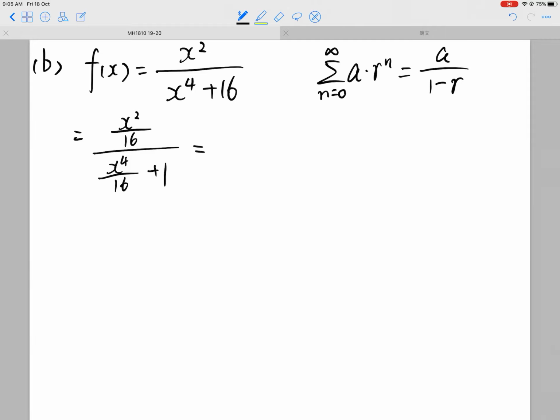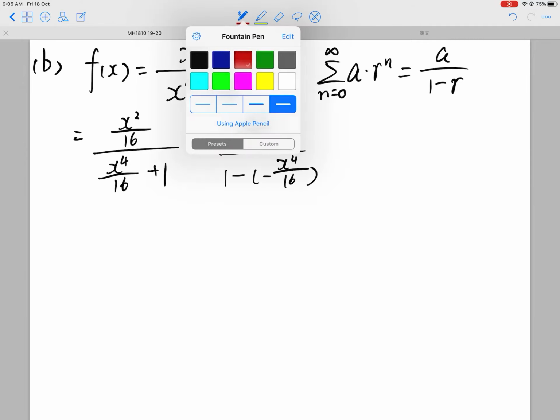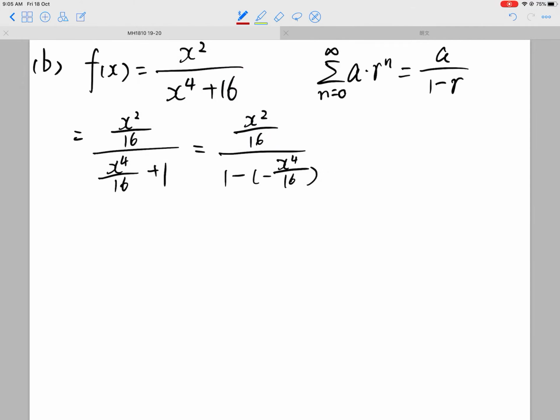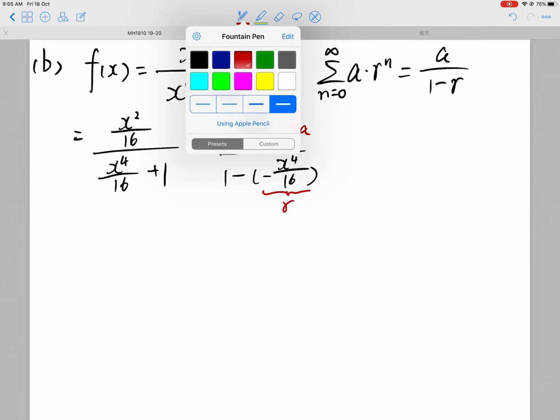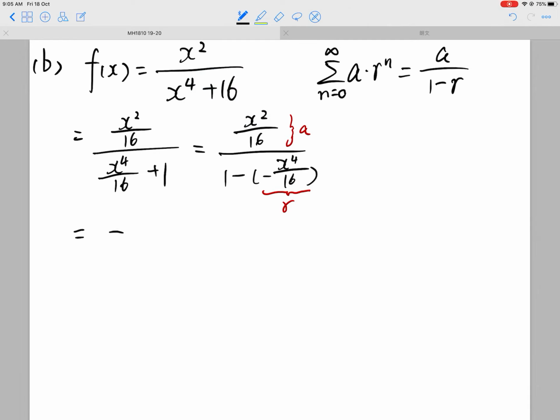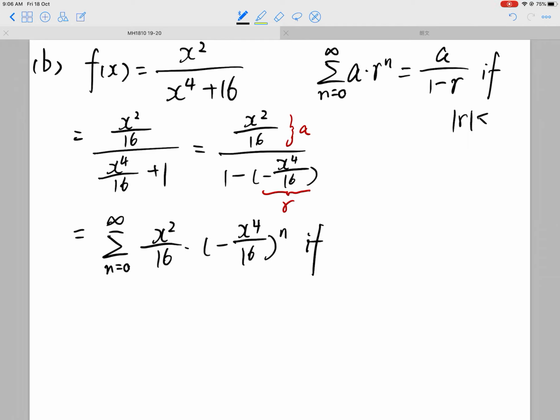And I want 1 minus something. Now I have my a, this is my a, and this is my r. Now it equals the summation, n from 0 to infinity, of a times r to the power of n, if the absolute value of r is smaller than 1.